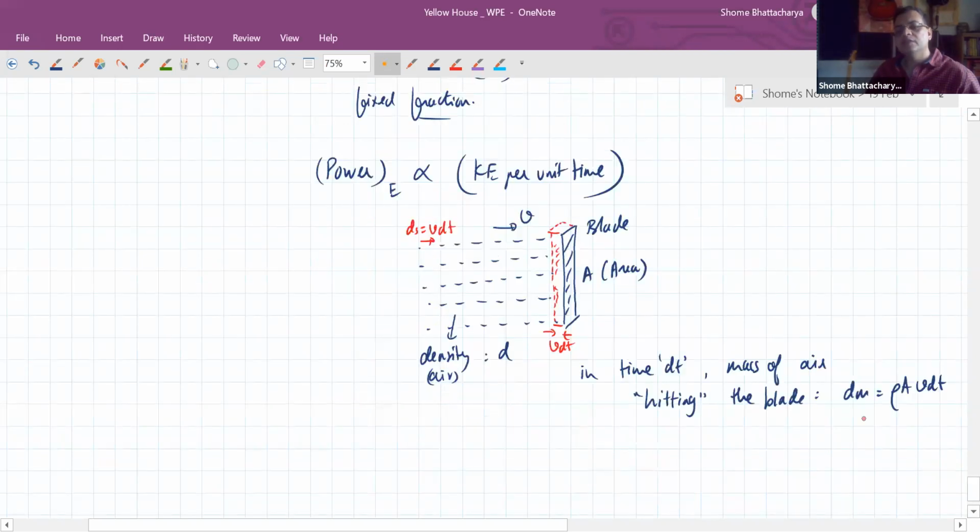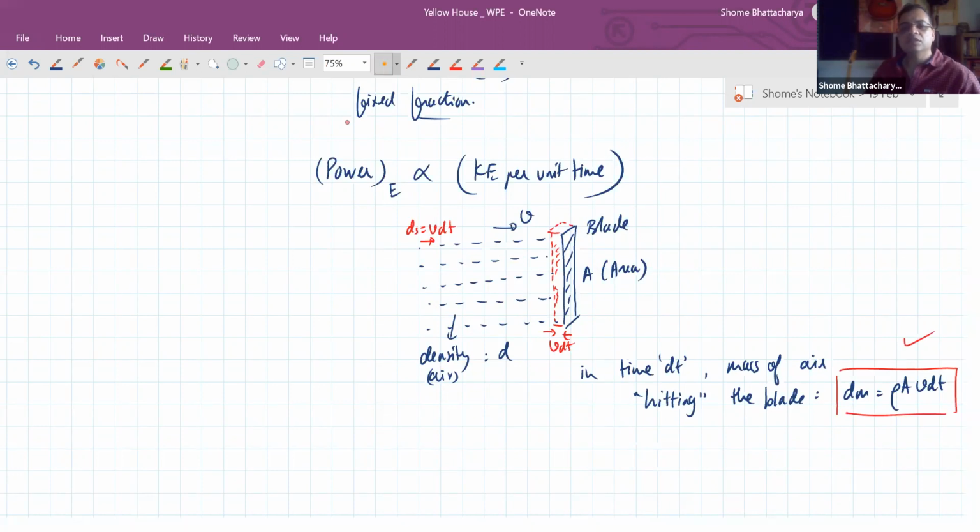So volume into density will be the mass. Is this equation clear, Kshitij? So in time dt, the mass of air that is hitting the blade of area A is this much. Hai na?